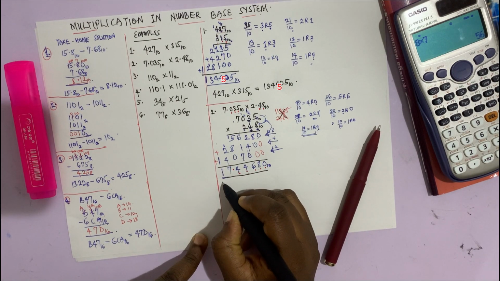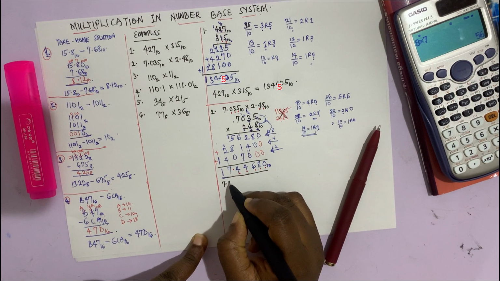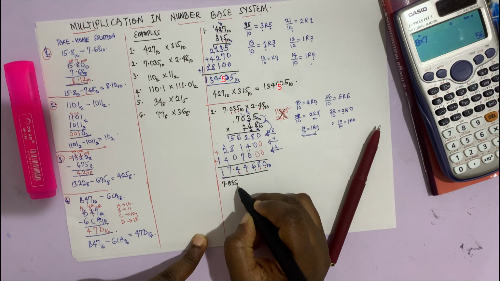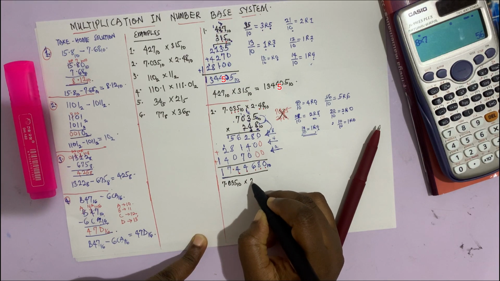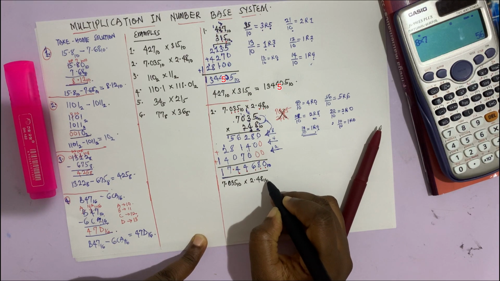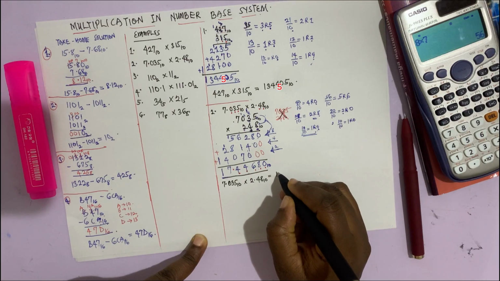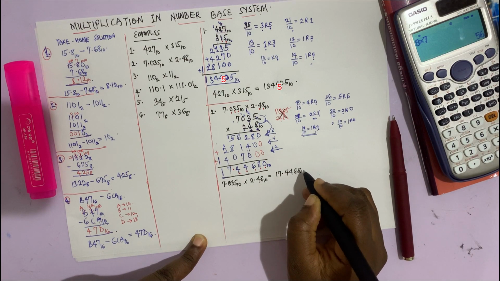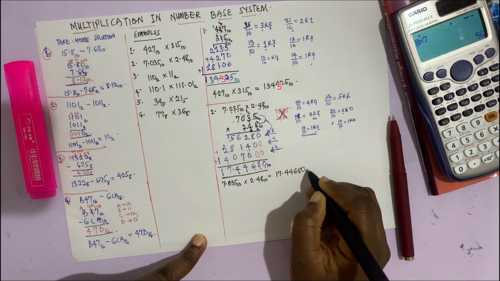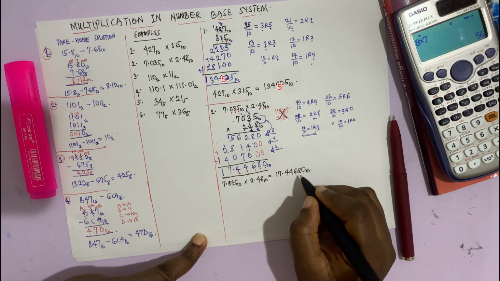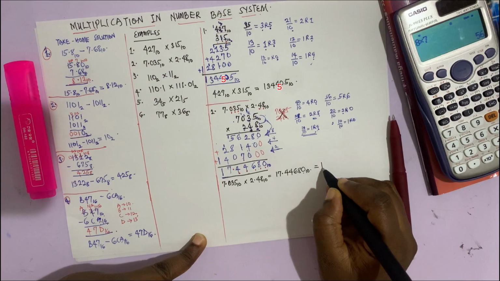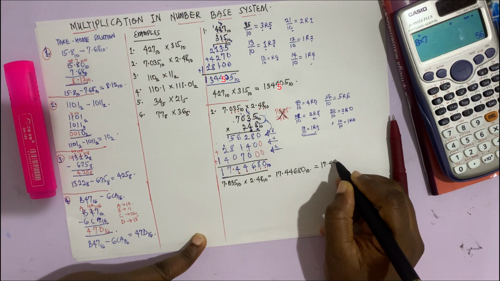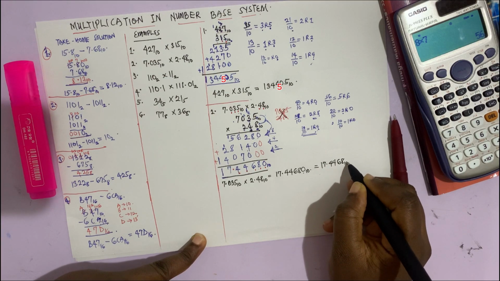So therefore, in summary, 7.035 base 10 times 2.48 base 10 would give us 17.44680 base 10. Since 0 after the decimal place is negligible, we can write it as 17.4468 base 10.